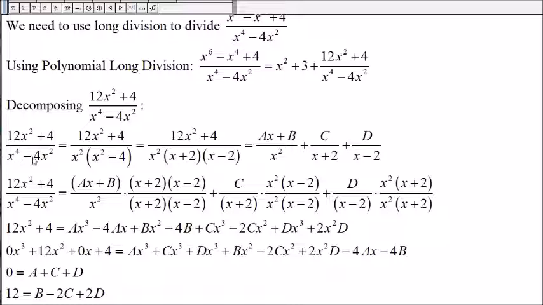x to the 4th minus 4x squared. Common factor is x squared.